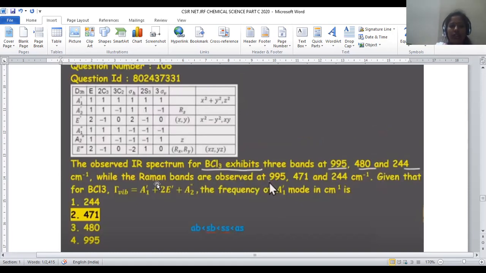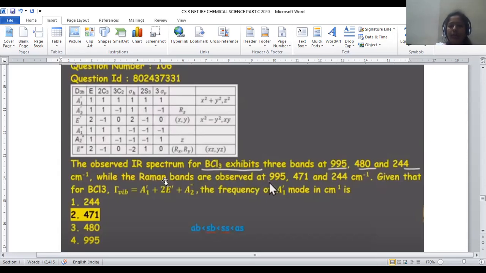Whenever a molecule is kept in this kind of electromagnetic radiation, the possible type of transitions are vibrational transitions. Vibrational transitions are basically of two types. One is stretching frequency, the second is bending frequency. Stretching is nothing but elongating and compressing the bonds, that means we are changing the bond length. Bending stands for changing the bond angle.